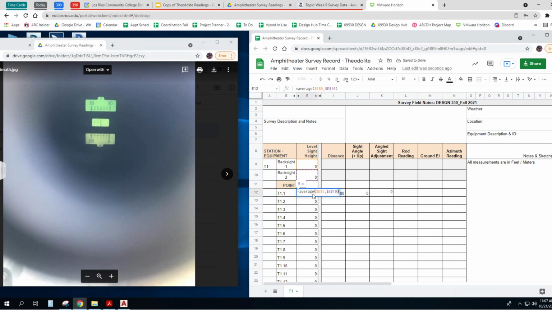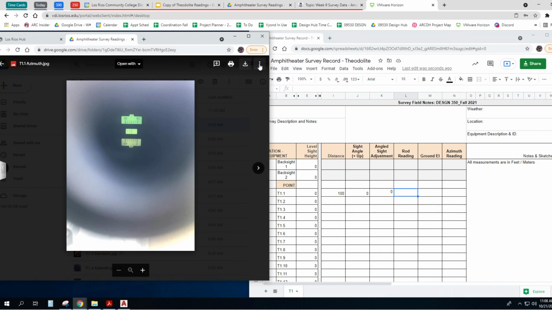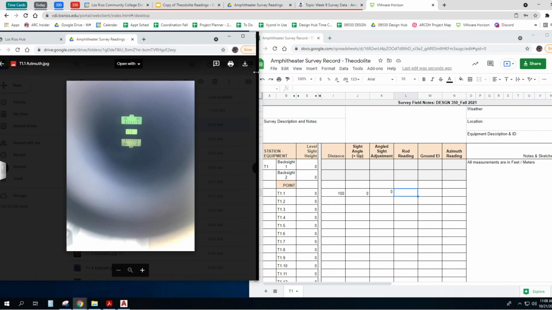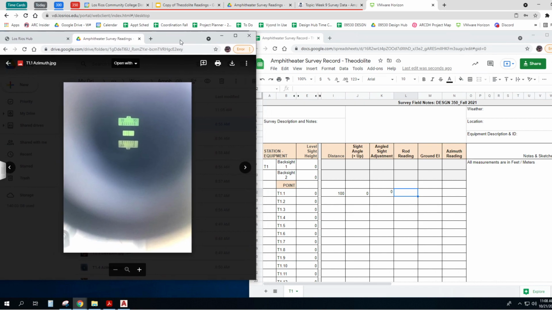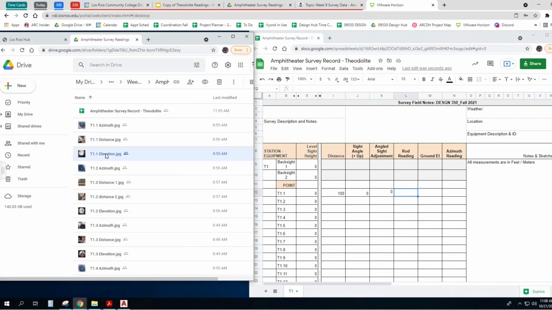So this one's going to be my instrument height, because that's my known elevation. Okay, and so now I can look at my rod reading. I'll get this right. There we go. Got my rod reading, elevation.